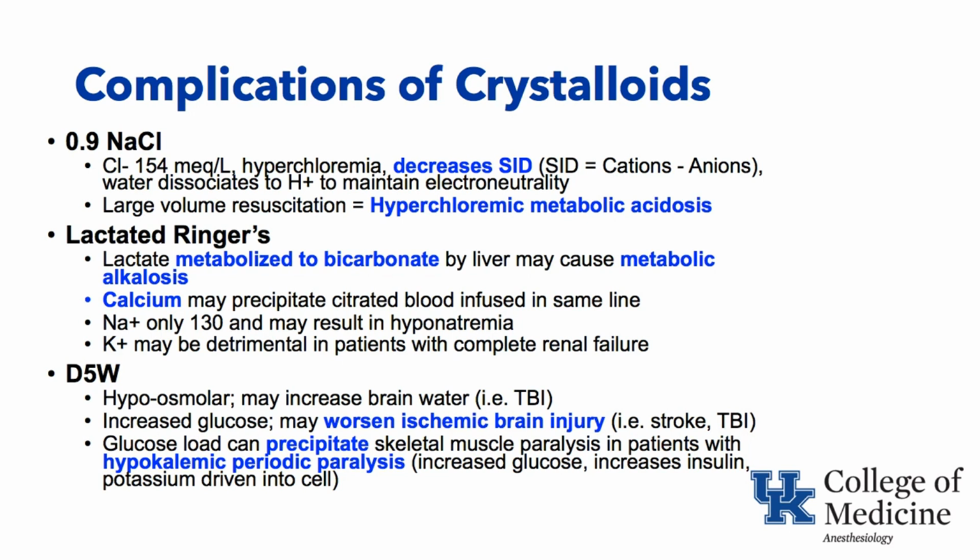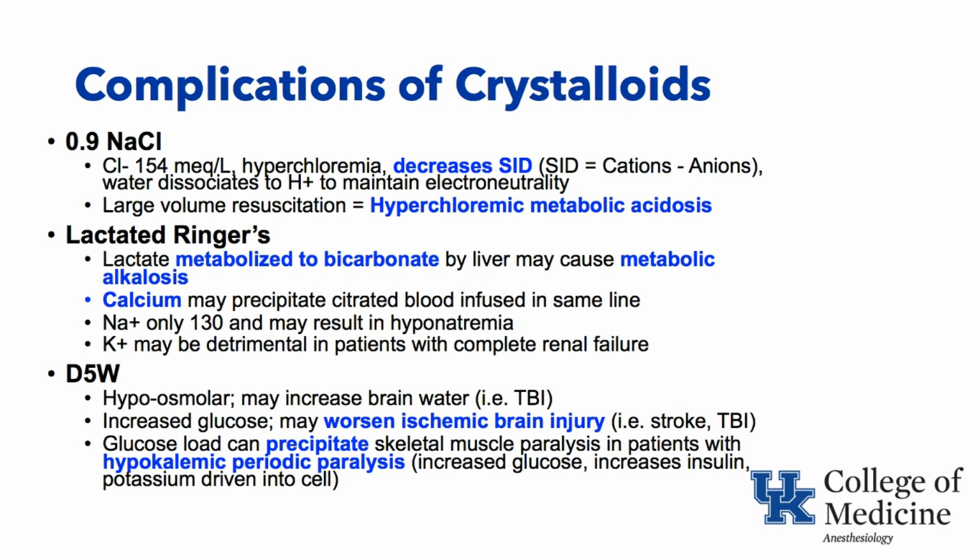Well, if you gave a lot of chloride, an anion, you've got to maintain electrical neutrality, so water dissociates to a hydrogen ion, positively charged, to maintain that electrical neutrality. So what do you end up with? Lots of chloride, hyperchloremic, acidosis because of the hydrogen ion that dissociates from water to maintain that electrical neutrality. Large volume resuscitation with normal saline can result in that classic hyperchloremic metabolic acidosis.